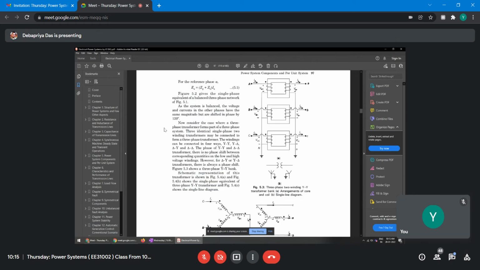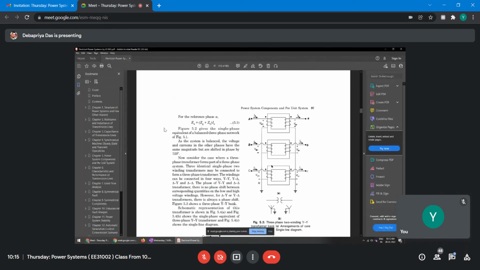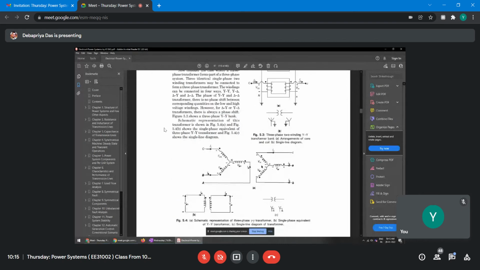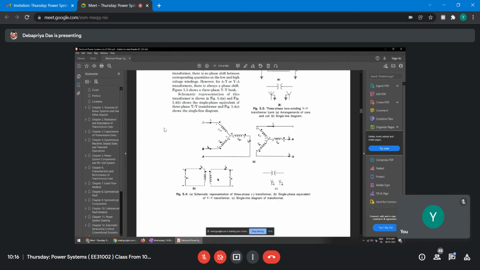Another thing is the number of turns for each phase. Say on the primary side it may be NP, NP, NP, and on the secondary side it may be NS, NS, NS, right? So the number of turns will be there, but we represent it this way rather than as three phase, because it is a balanced system. All these quantities only have a 120-degree phase shift, right? This makes our calculation easier, right?